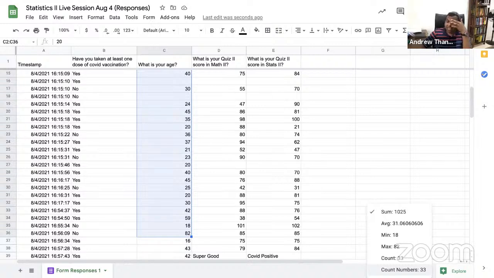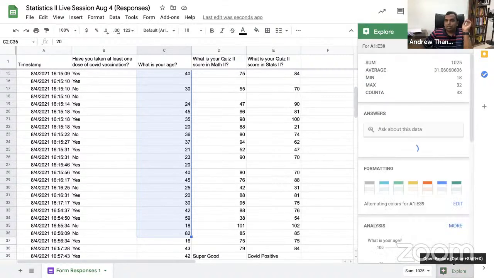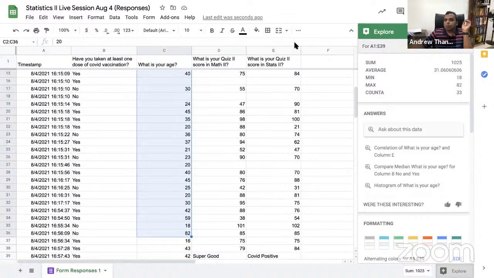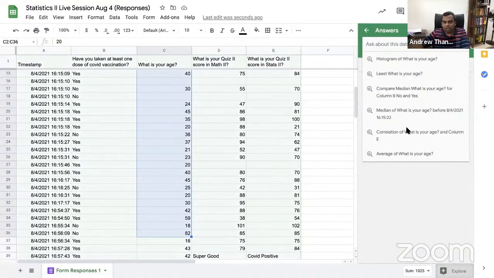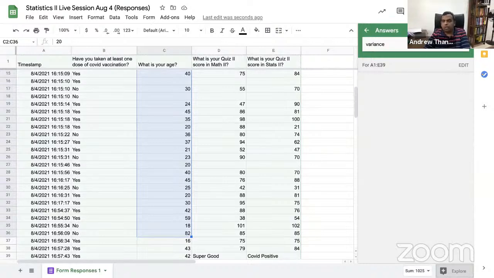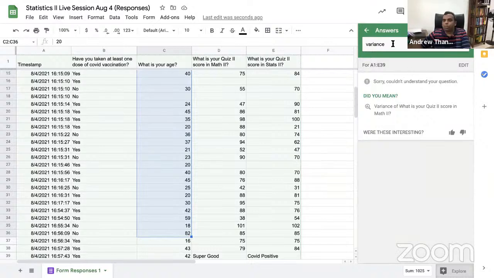You can see the other statistics. Average is 31.08. Min, max, count. It's not quite giving me the variance, so maybe I should just explore. What is this? Variance.